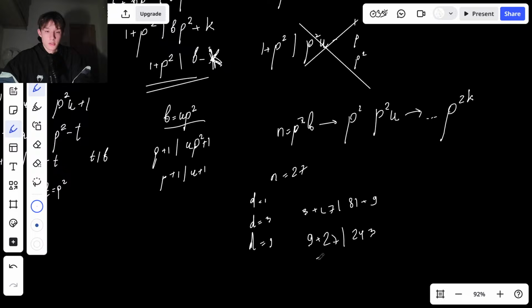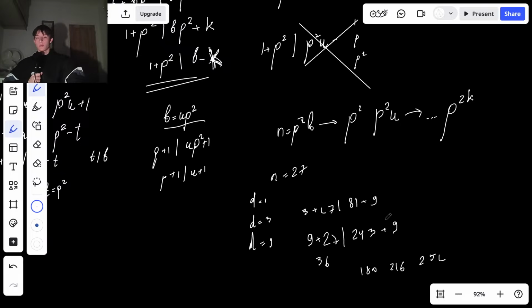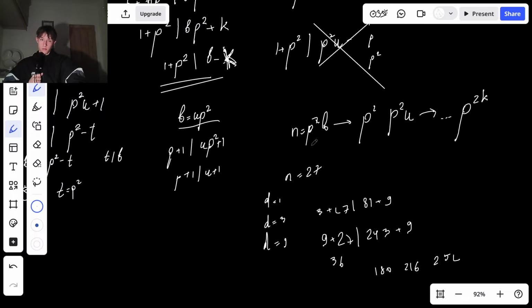Here we have 36, plus a factor of 27. Okay, so 180 divides 36 and 216, then 252, and this is plus 9. So all powers of prime would work because of this algorithm here.